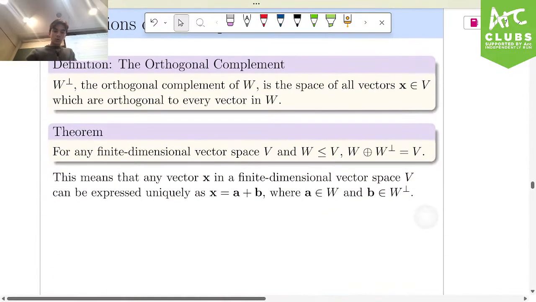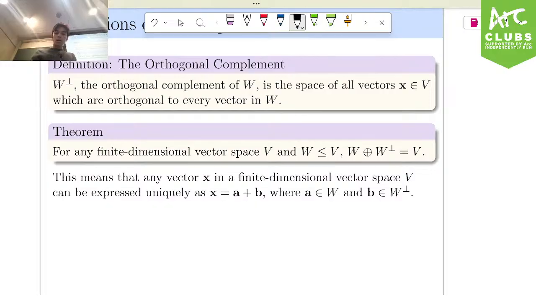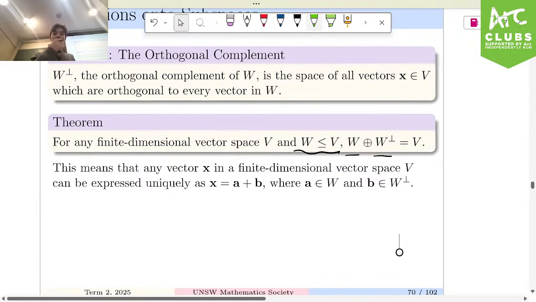And this turns out to be a useful concept because for any finite dimensional vector space V and a subspace W of V, we have that the direct sum of W and its orthogonal complement, W perp, is V, right? So you can think of it for any subspace W, W perp is like all the space that's left over, right?